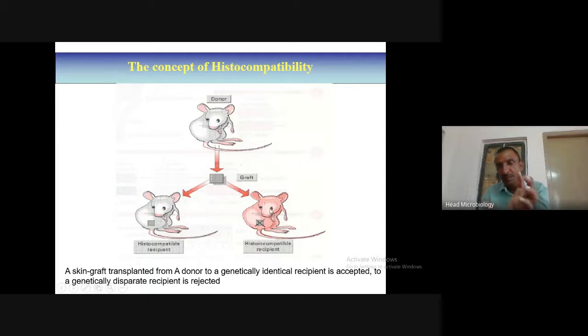I think a few sequences may be different in this mouse.